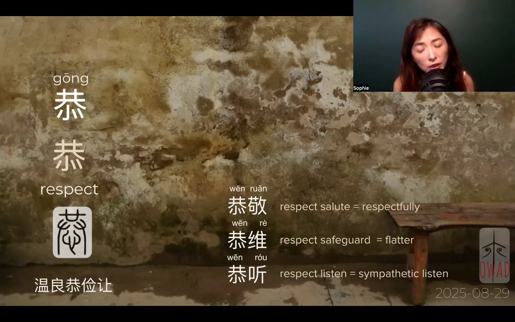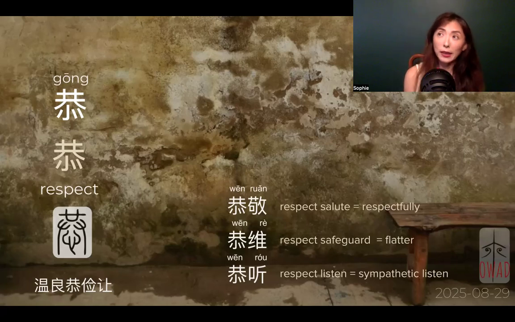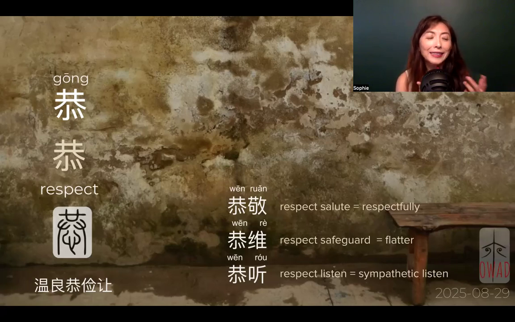So some people say 恭 is more behavioral level, like group behavior, versus a salute is more awe-inspired, like you really admire somebody. It's to the heart, like interior respect, versus 恭 is more exterior, behaviorally displayed respect. So combined together, either inside or outside, you respect somebody.